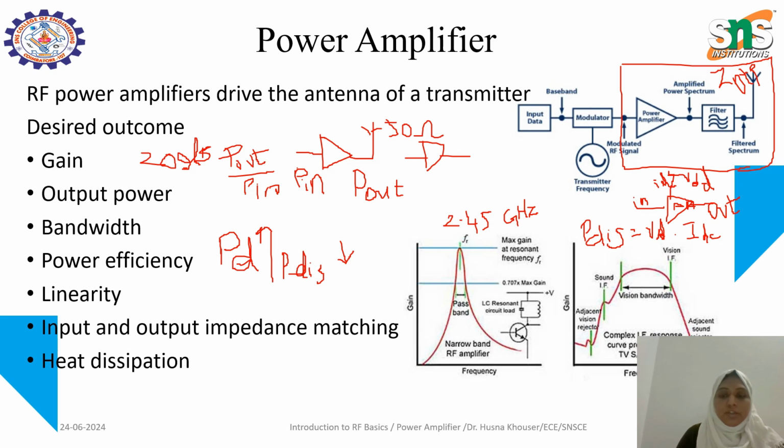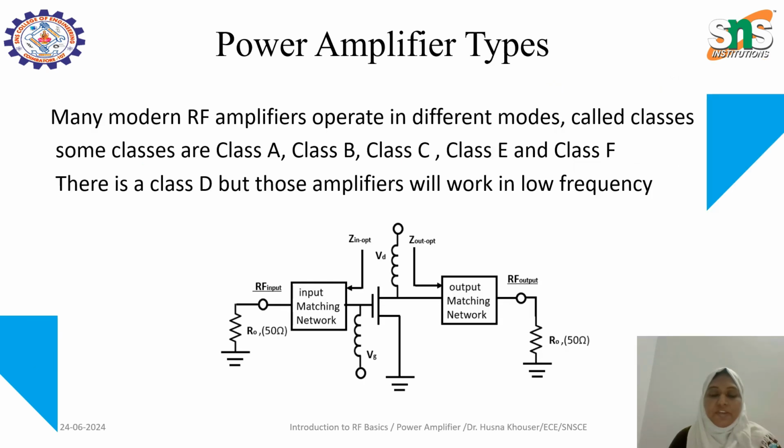Heat dissipation. We have to be very careful while designing the amplifier or power amplifier types. There are different types of power amplifier, which we call modes or different classes, like class A, class B, and class C. There is also a combination of class A and class B. Here class A, B, and C we call linear power amplifiers.